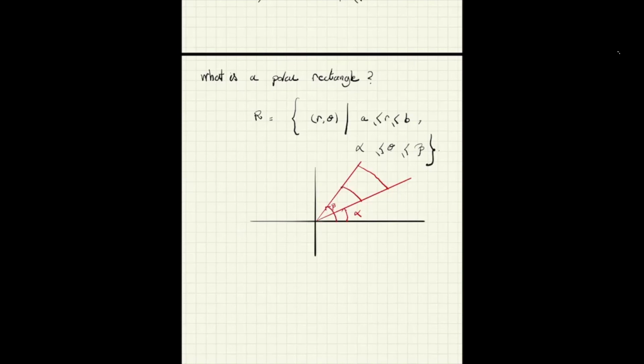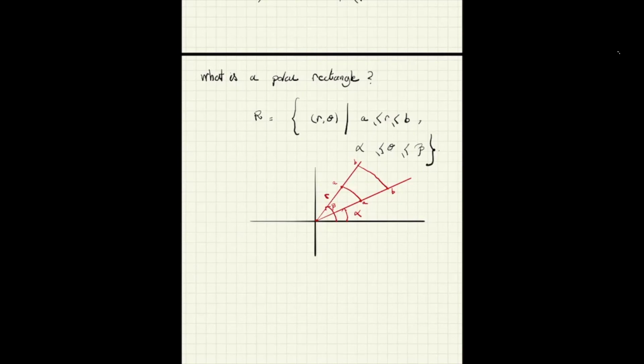Then if I measure the distance from the origin, if I draw a circle, I will have a, and then b. But I'm talking about the radius of the circle. So this is r.